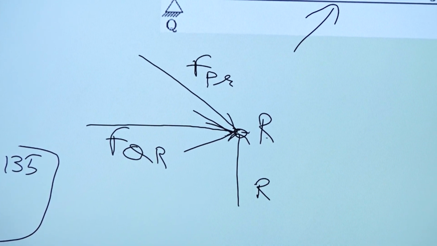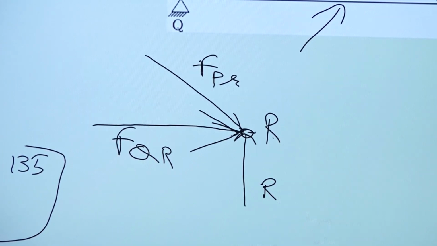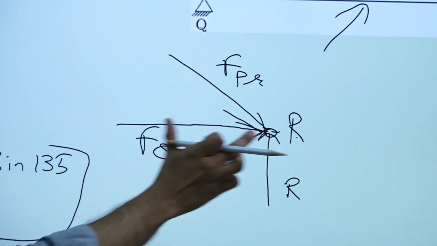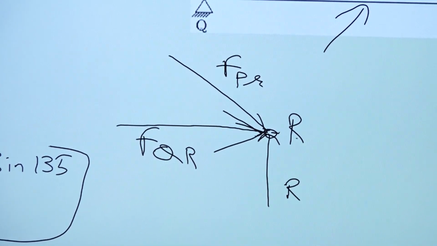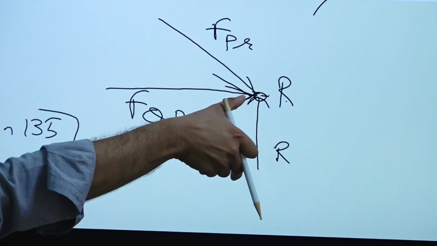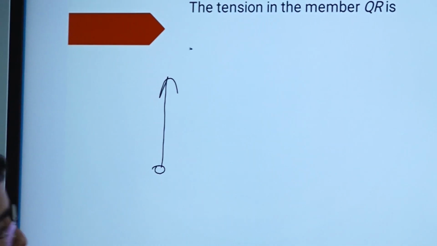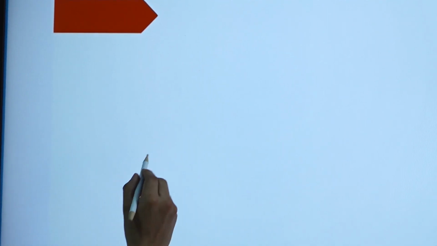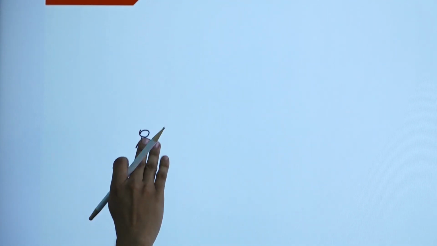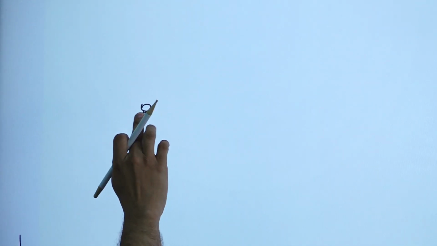Okay, and I am going to apply Lami's theorem at point R. So I will just rearrange all these forces. This is R. I will take this force at top, right? Because whether this force is acting like this or acting like this, it is the same thing, right? There is no difference between them.